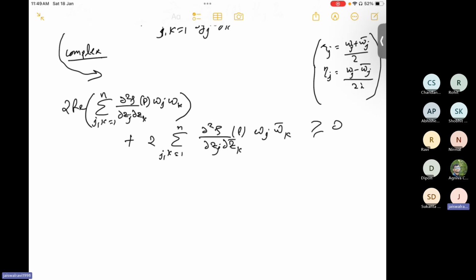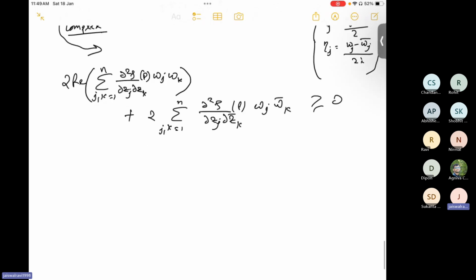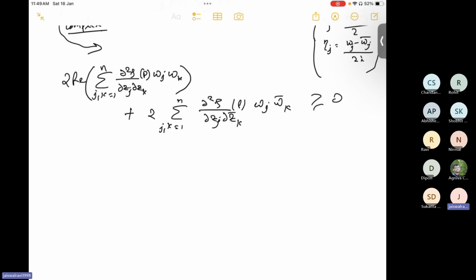So the convexity, if you write it in complex notation, will give this expression. Here we will show that the part inside the real part, the complex number inside this real part, is not biholomorphic invariant.